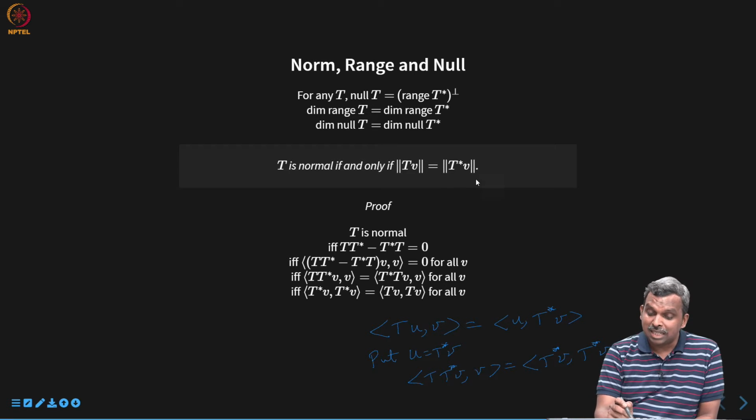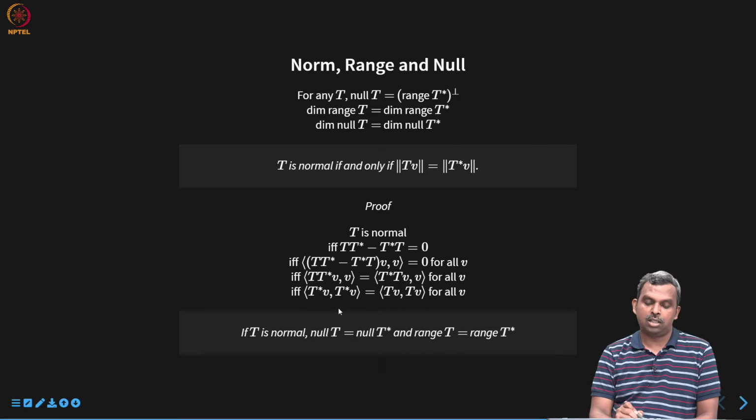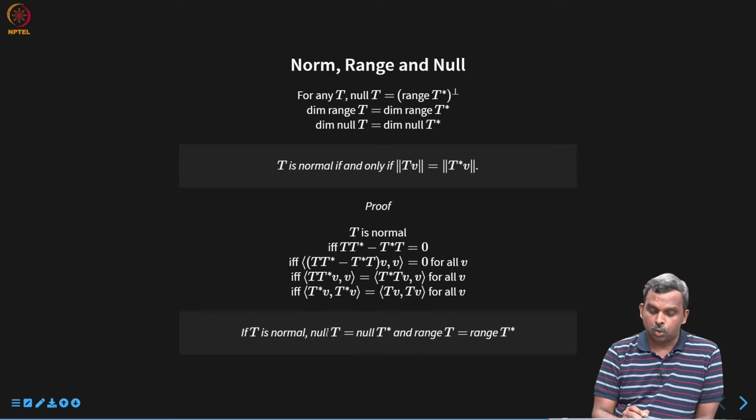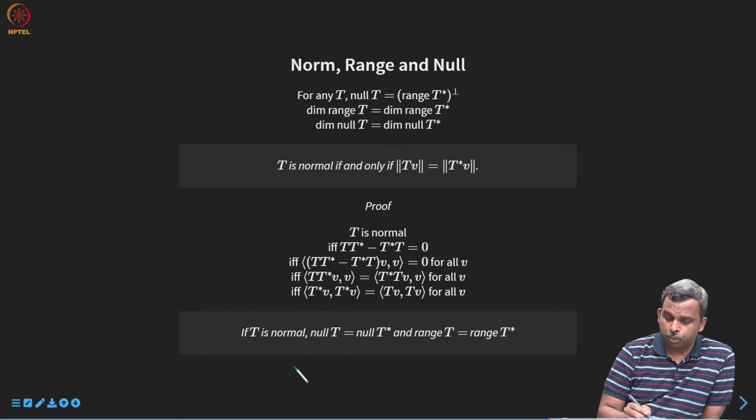Okay. Now once this becomes true, it might seem slightly unobvious to you, but then null T will be null T star, and because null T is null T star, range T is also range T star. Okay. So why is null T equal to null T star? This is not very hard to prove.